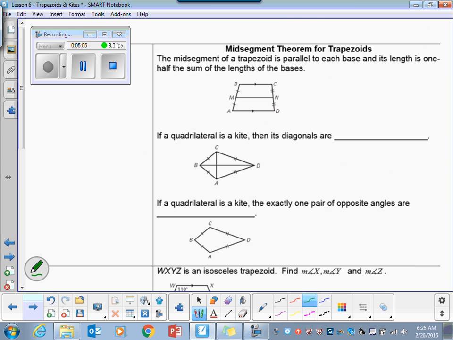Next, we continue with our theorems. The midsegment theorem for trapezoids. The midsegment of a trapezoid is parallel to each base. So this means that MN is parallel to BC, which is parallel to AD.